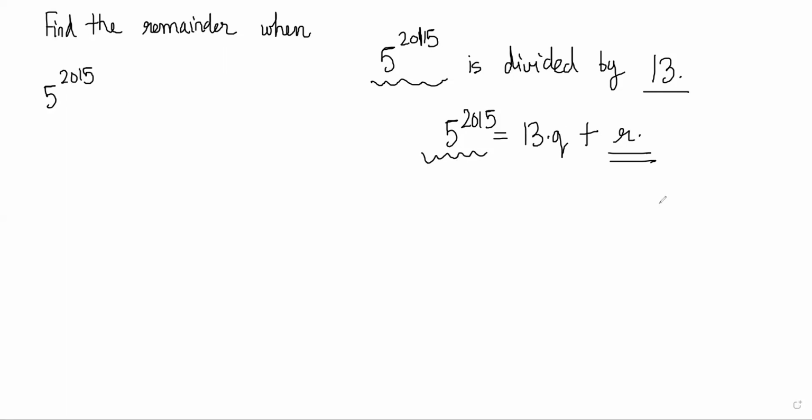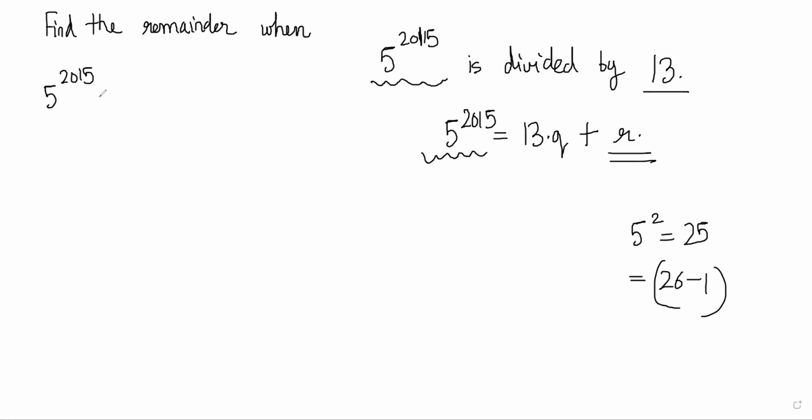So 5 square is 25 and 25 can be written as 26 minus 1, right? So I will be able to expand 26 minus 1 by binomial theorem and I will get terms that will be divisible by 13 then, right? So that is my main idea now.